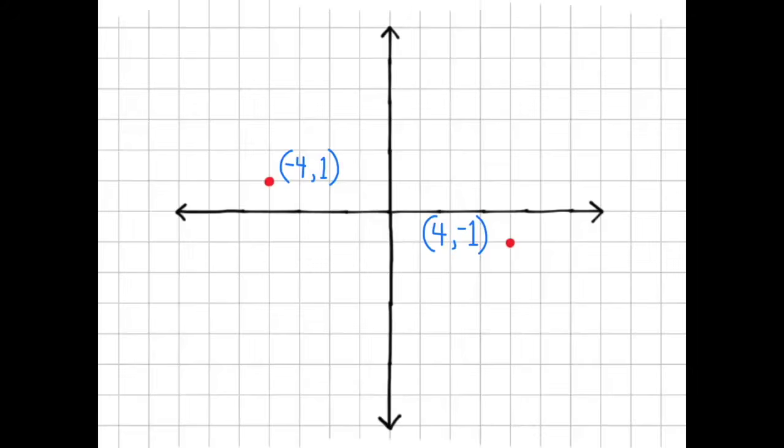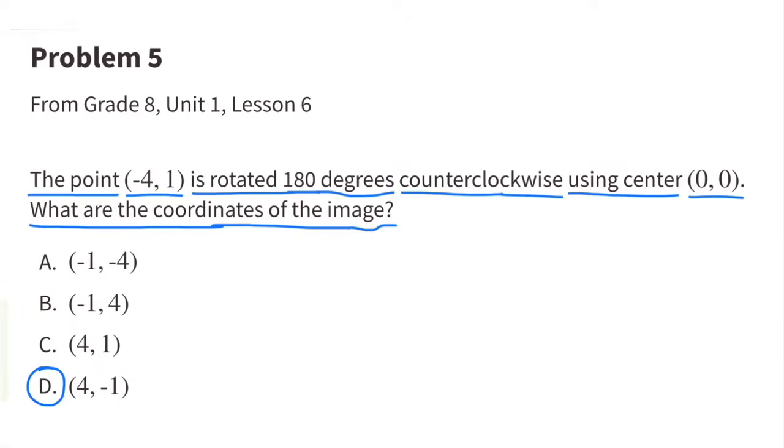The center point would be 0, 0, which is where the origin is, right in the middle where these two axes intersect. When you rotate the point -4, +1 180 degrees, it ends up at +4, -1. So the answer would be D.